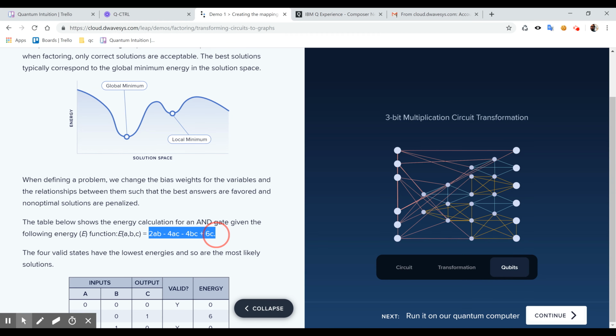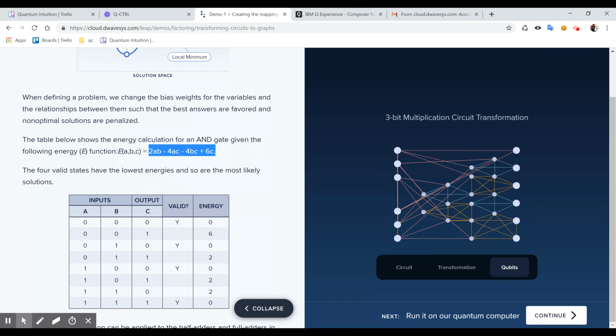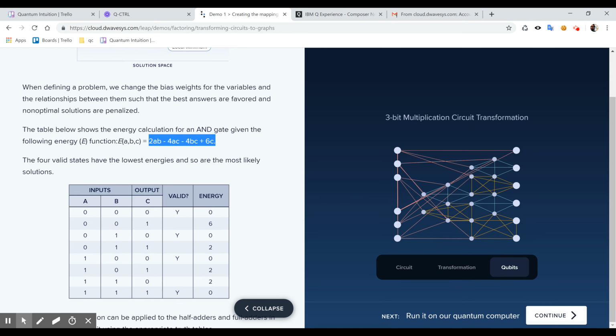Okay, inputs and outputs. So you've got 0, 0, 0. Yeah, so that's basically the AND gate, right? So it only outputs 1. It's kind of weird.